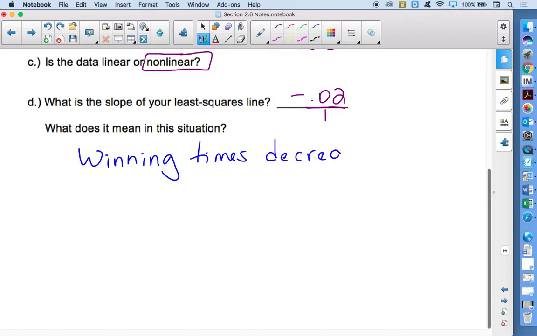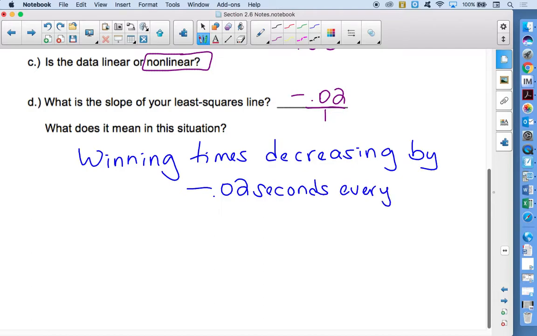So make sure you have that word decreasing in there, that's why it's negative. Every run, every Olympics, something in that sense.